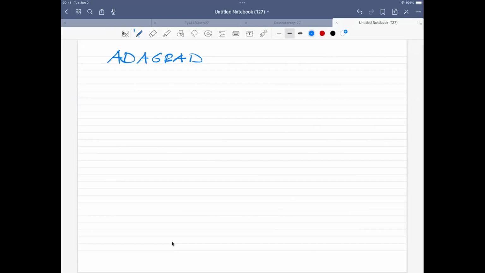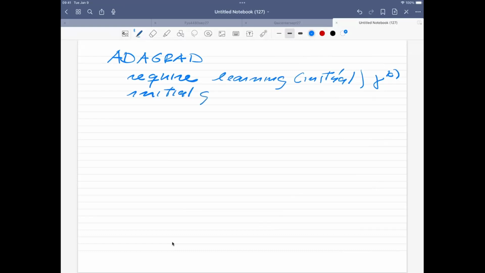So what you would typically do is initialize it, require a learning rate, the initial learning rate, gamma 0. You would have to initialize a guess, an initial guess for the values of beta you want to find, beta 0.